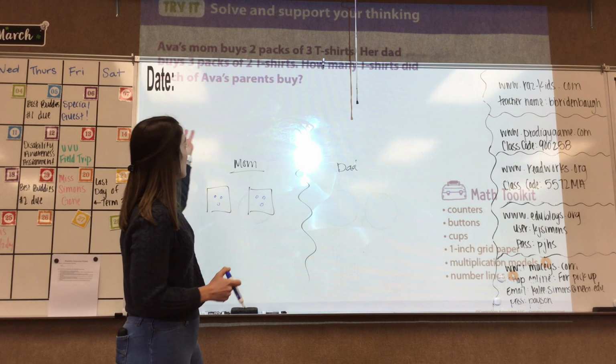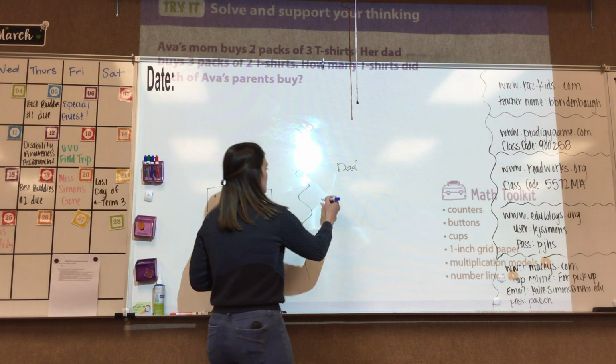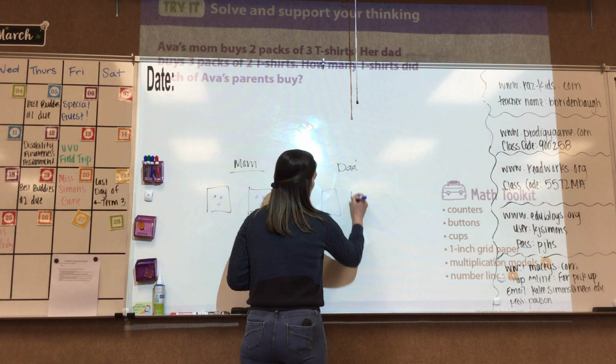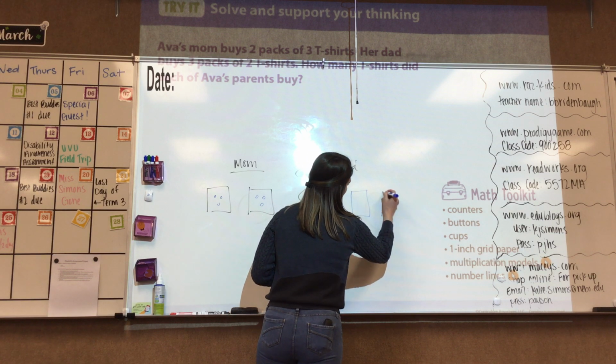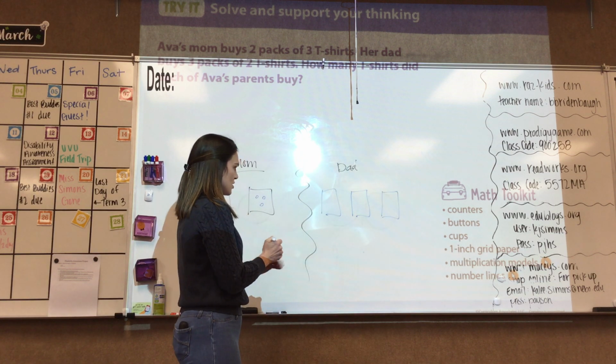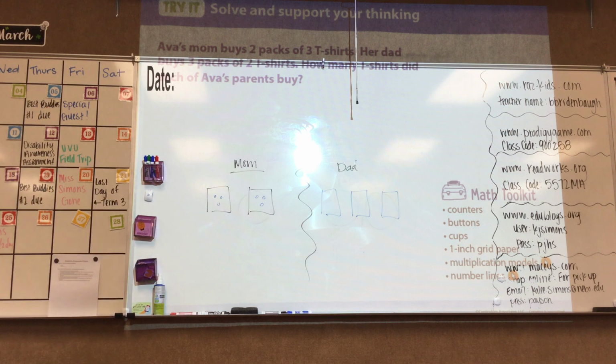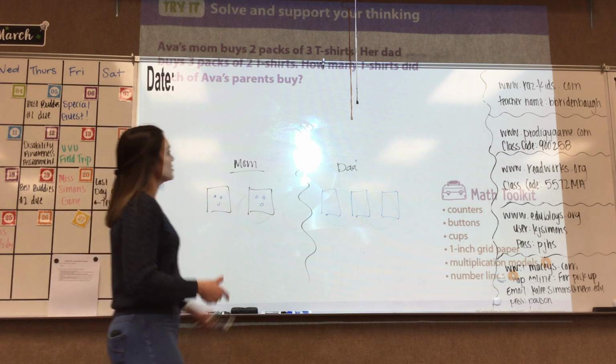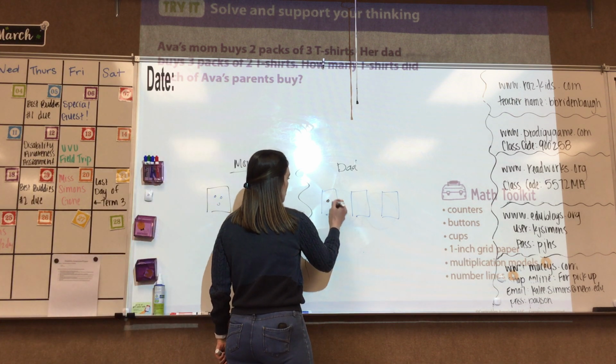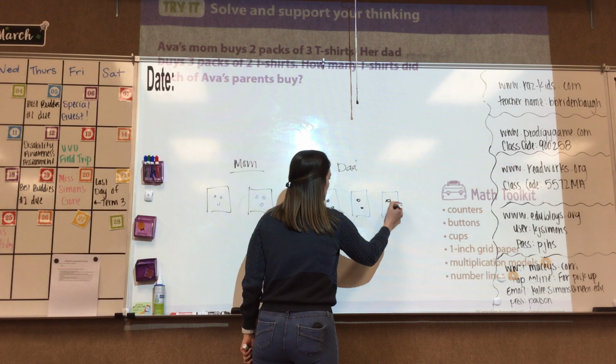Okay, her dad buys 3 packs. 1, 2, 3. Hang on while I grab a marker. And we know that he has 2 shirts in each pack. So we have 1, 2 in each.